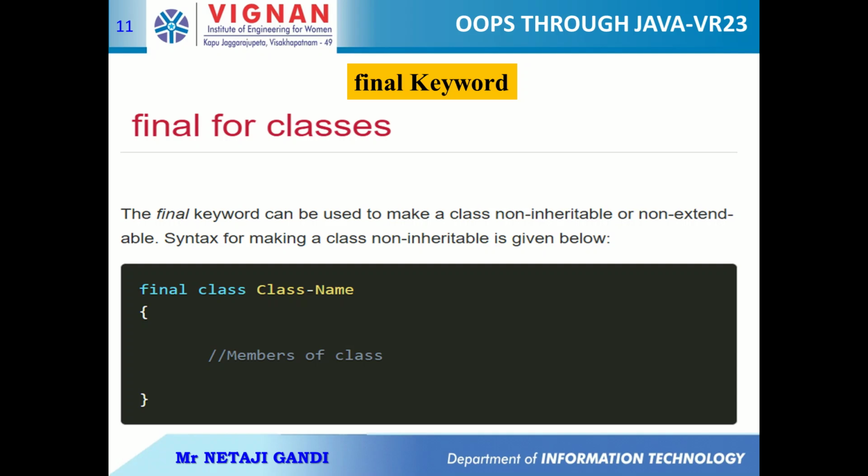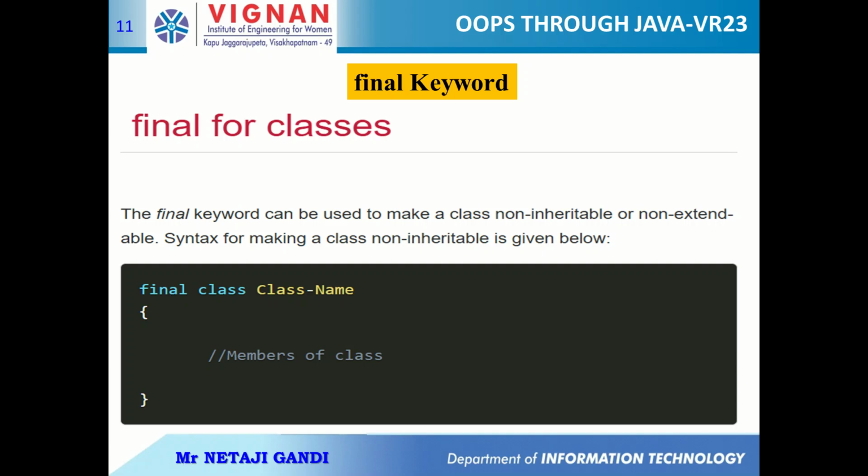The third important point is that final is applicable for classes, to avoid inheritance. To avoid inheritance means your parent properties are not accessible and the child is restricted. If you apply final before the class keyword of the parent class, then the child cannot access your parent properties.